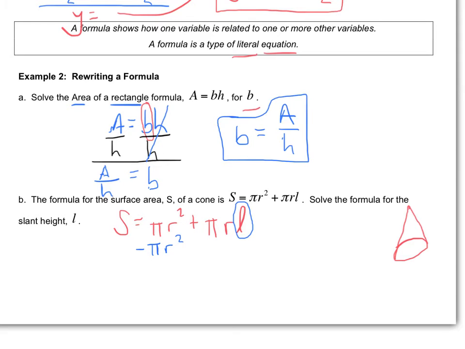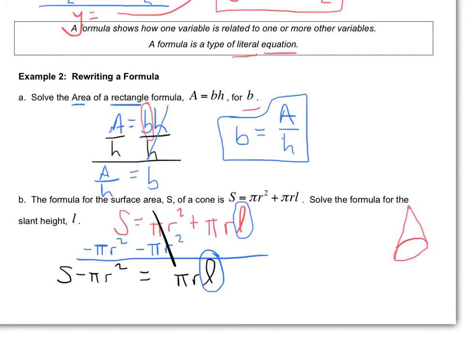So I'm going to move that entire term, pi r squared, to both sides. Again, pi r squared minus a pi r squared is 0 pi r squareds. On the left-hand side, there are not like terms there at all, so I can't do anything except just put them next to each other with a subtraction sign. On the right-hand side, pi r L is still there.